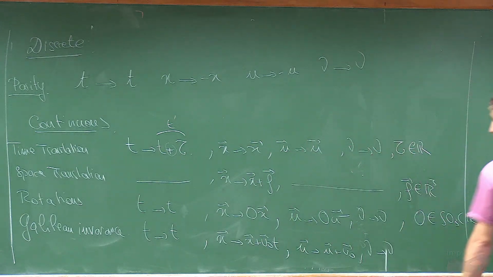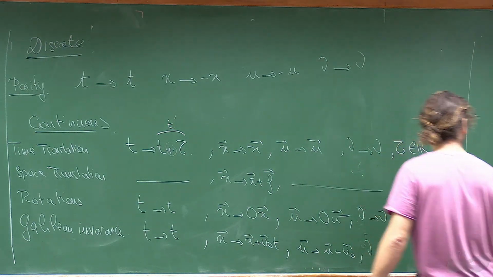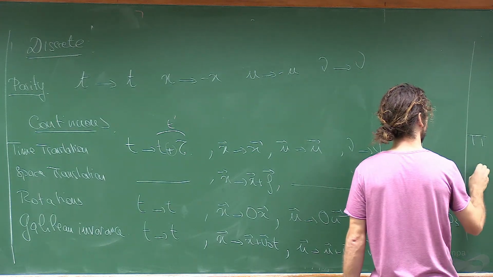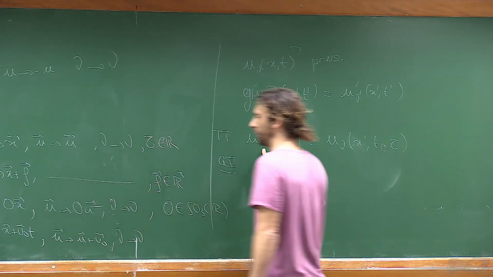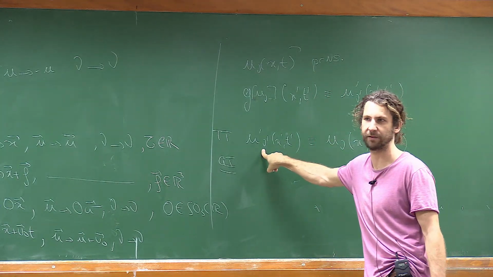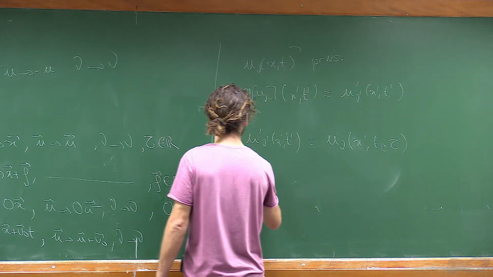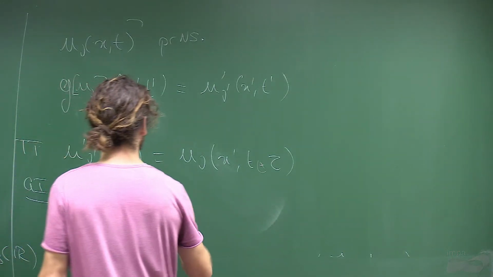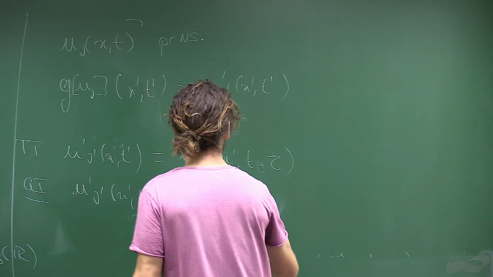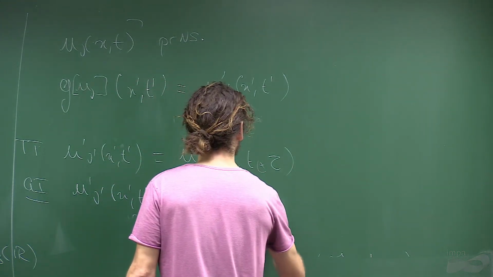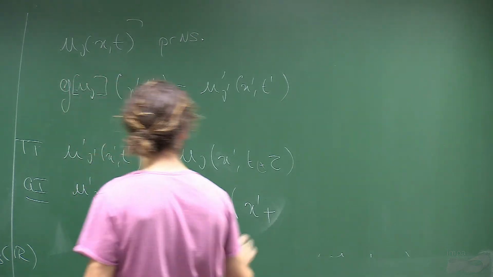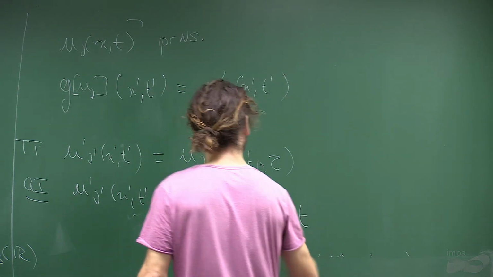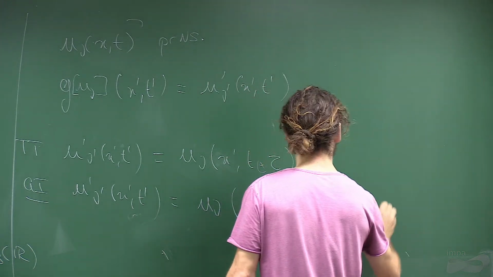So that was for time translation. For Galilean invariance, the corresponding transformation, which will be useful to write, is the same thing: u prime of nu prime x prime t prime is u nu of x prime minus u0 t, t prime, plus u0.